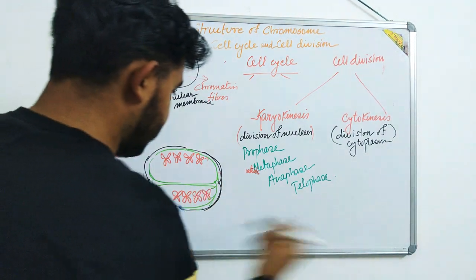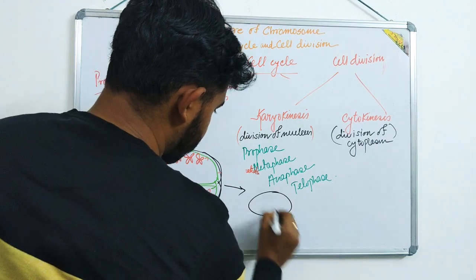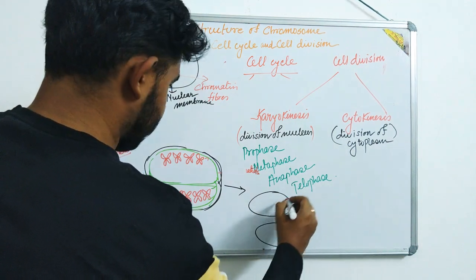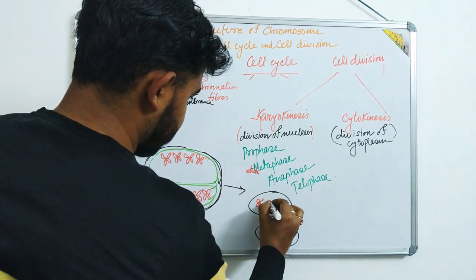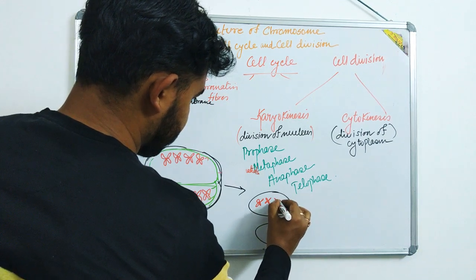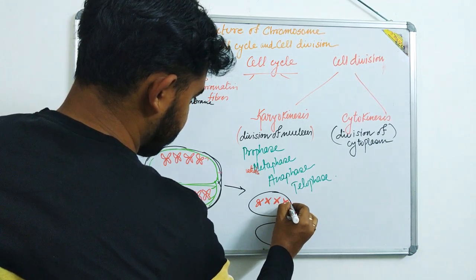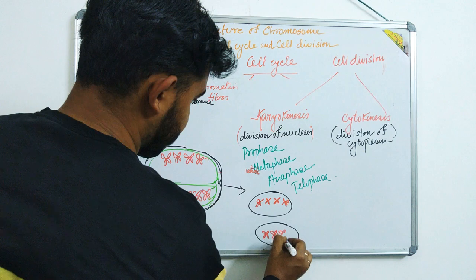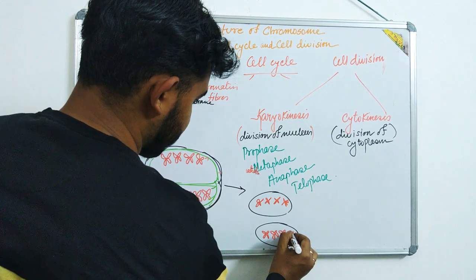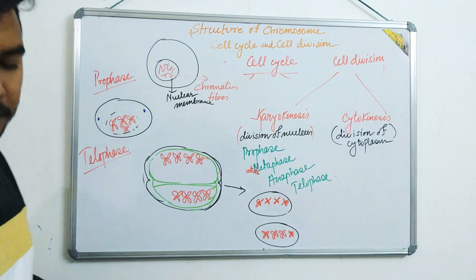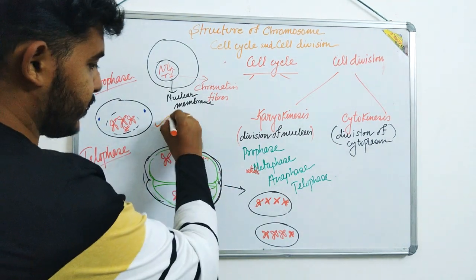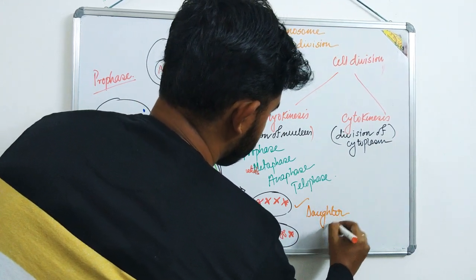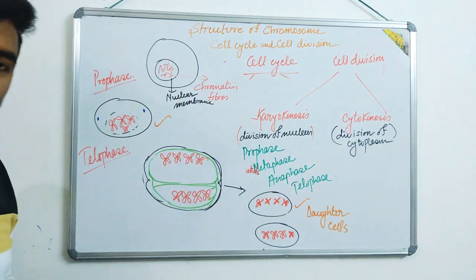And what happens as a result? These form two different cells with the same number of chromosomes. Look, it was the parental one in the prophase, and these are the two daughter cells having the same number of chromosomes.